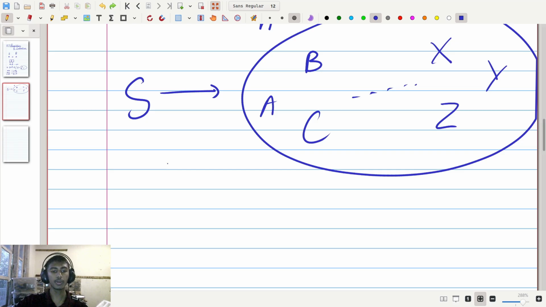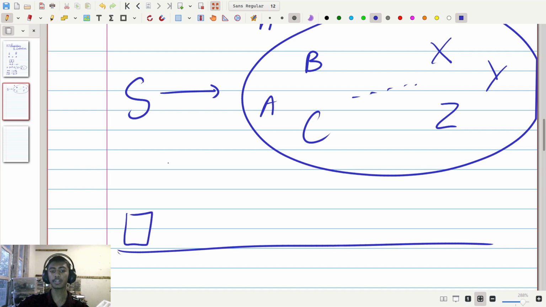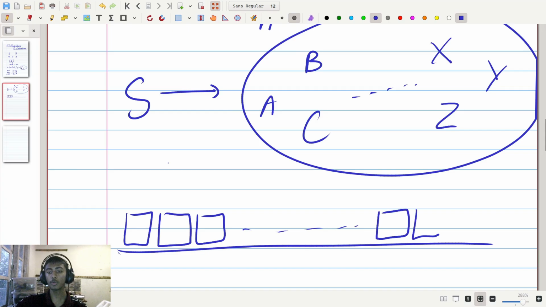So I'm going to draw a straight line like this and consider ordering them from, let's say, left to right. So the leftmost one is going to be the very first element, and then we have the second element, the third element, and so on all the way down until we get to the one that's 2 before the last element, the one that's 1 before the last element, and the very last element.